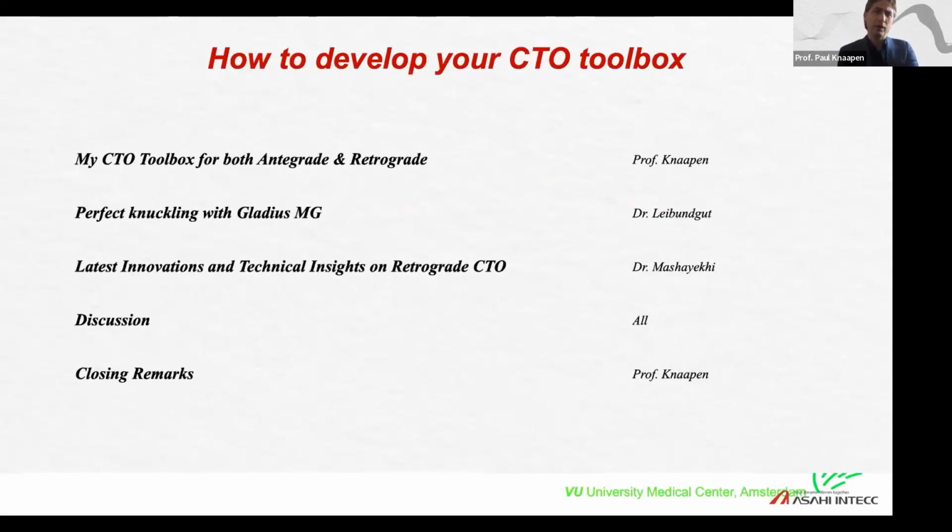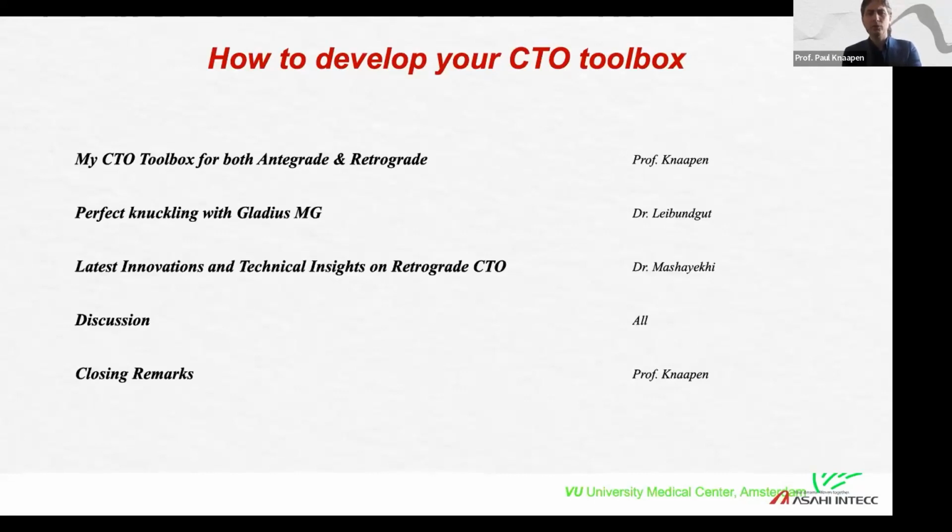Then Greg Leibundgut will be talking about the relatively new wire, the Gladius MG, and what knuckling involves, because knuckling is a very essential part of complex CTO operating. And then the latest innovations and technical insights on retrograde CTO by an operator who needs no introduction, Dr. Kambis Mashayekhi.